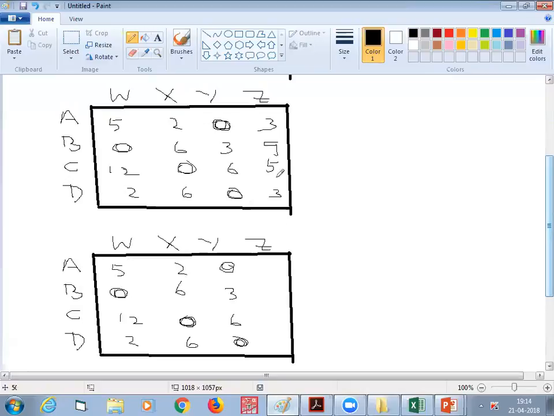And here, this is 3, so 0, 6, 2, and 0. Having done this, each row and each column now has at least one 0.